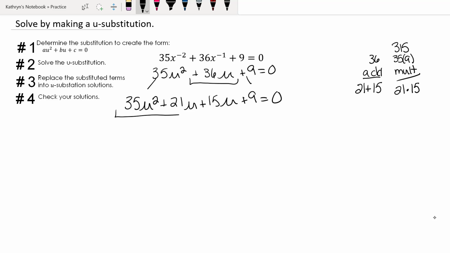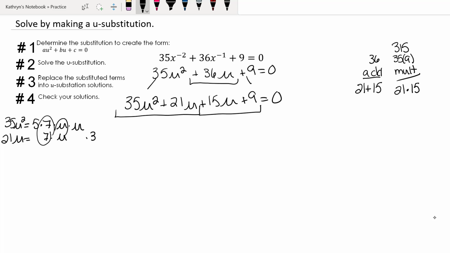We're going to group these, so the first two are grouped together, and the second two are grouped together. Now in the first two, we have 35u squared plus 21u. We need to find the greatest common factor. So on the side here, I'm just going to do 5 times 7 times u, and then we have 21u, which is 7 times u times 3.